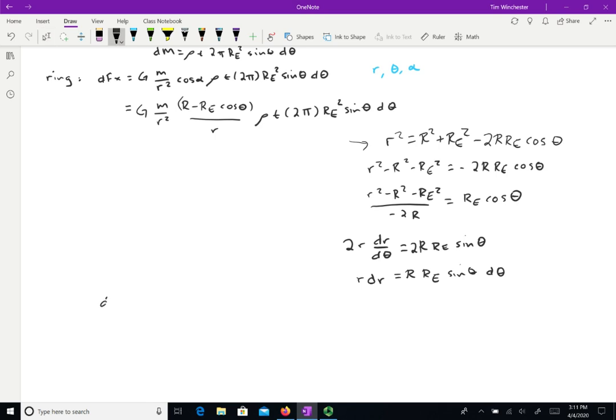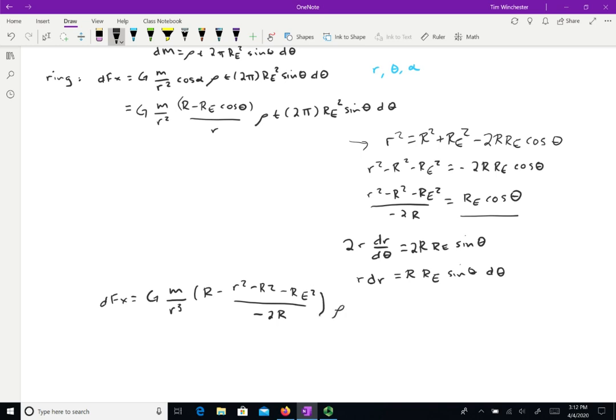Now I'm going to take my expression for the force from the ring. dF_x equals G M over r cubed, because I had an r squared and an r on the bottom, so I'll combine those. And then in parentheses, r minus R_E cosine theta, but I have an expression for that. So I'll put in little r squared minus big R squared minus R_E squared over negative 2r. Those minus signs will cancel out.